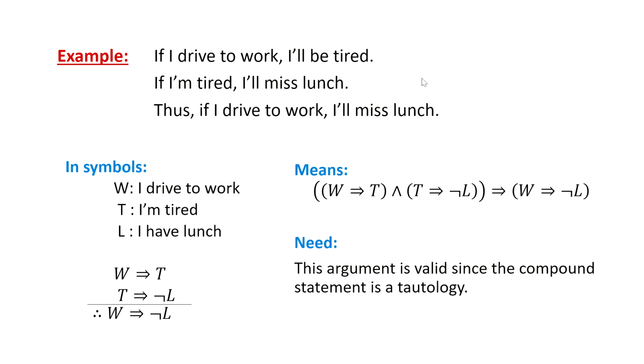Now, we got that this compound statement right here did come out to a value of true the entire time, which meant it is a tautology, which means this argument right here is a valid argument. And actually, it's a very, very classic way that we link facts together to get a conclusion.